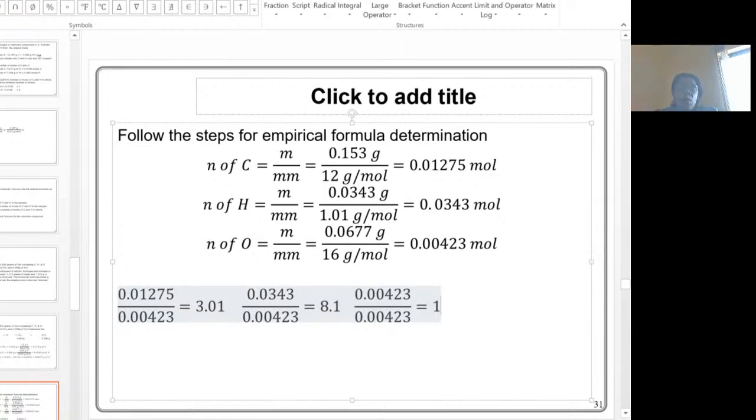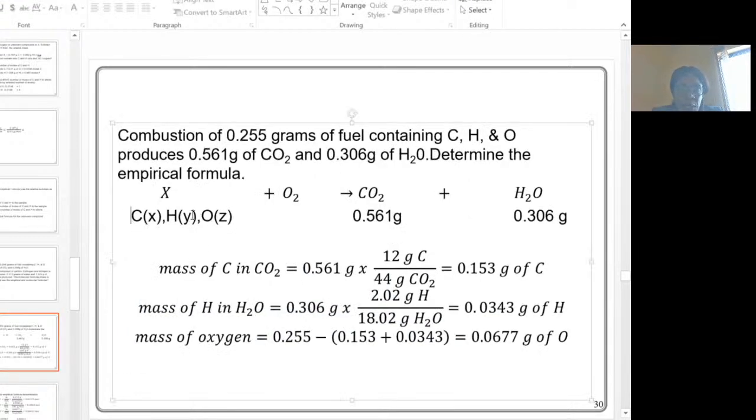Right. So now we have the mole ratios. So the next thing we need to do is remember our target. Our target was to determine what X is, what Y is, and what Z is.